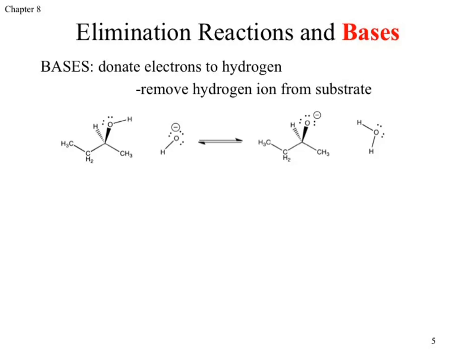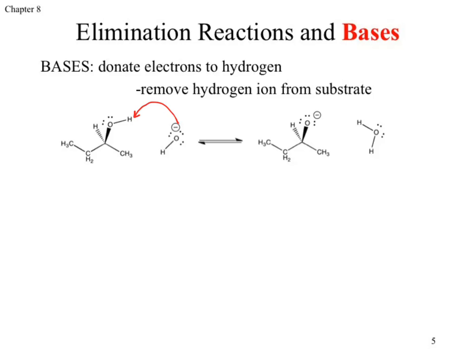Where are our electrons? On the base. Where's our base? The negatively charged OH is going to act as our base because it has the most electron density, the most reactive. Those electrons are going to share with the hydrogen.